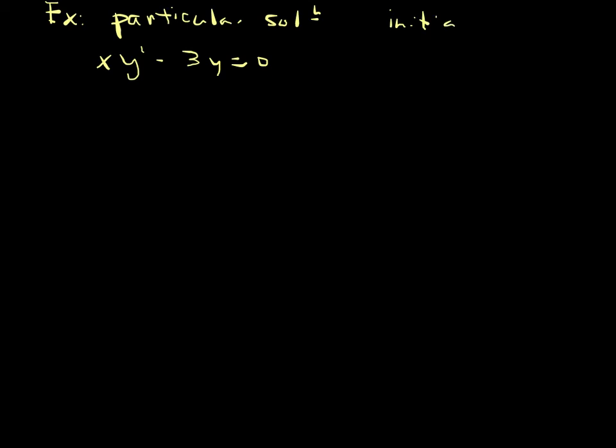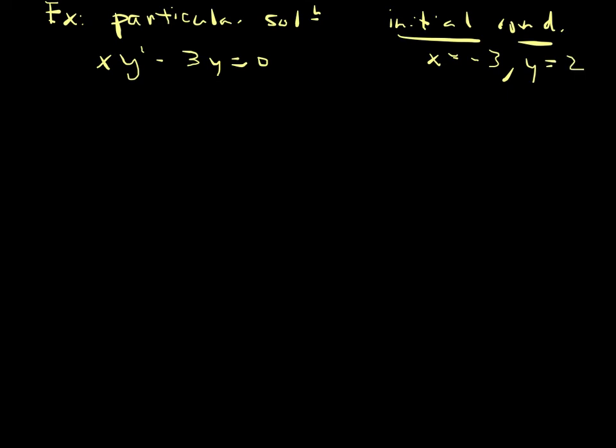All right, so let's do an example of a particular solution. We have the following differential equation, and we have some initial conditions: x equals minus 3, and y equals 2 initially.